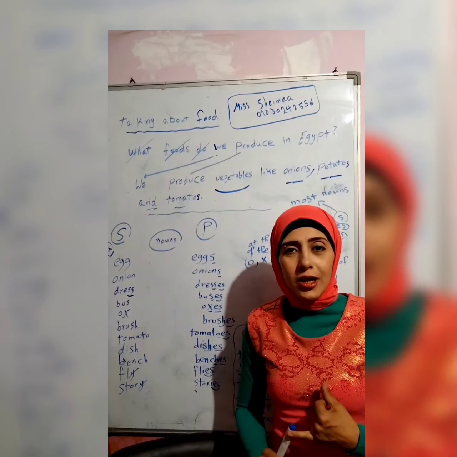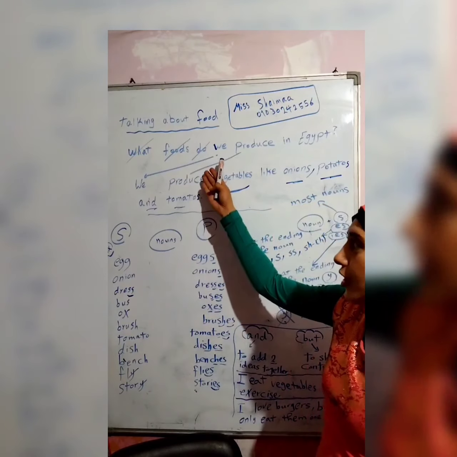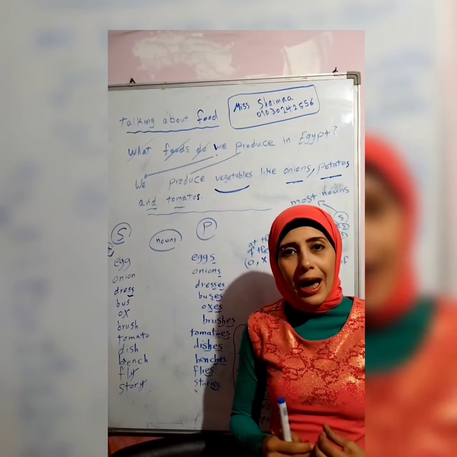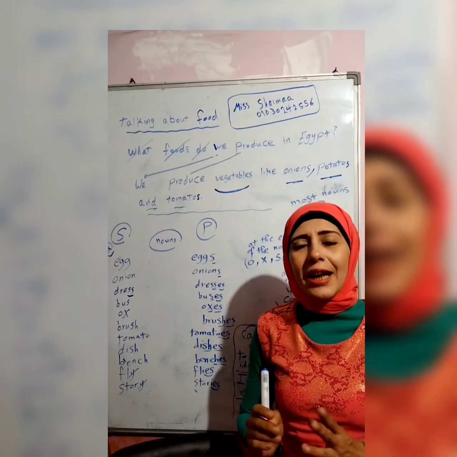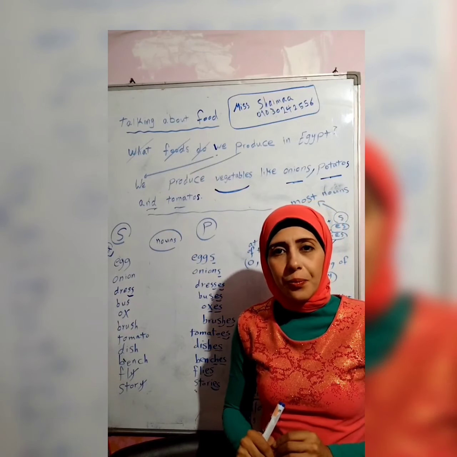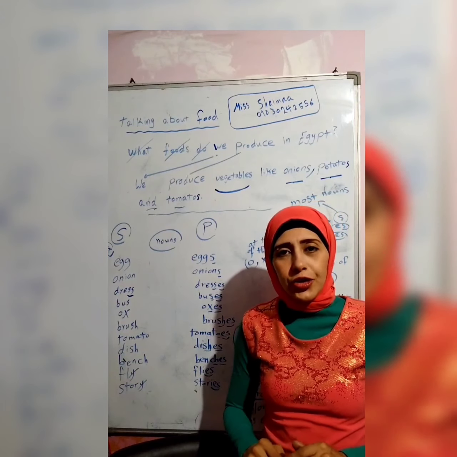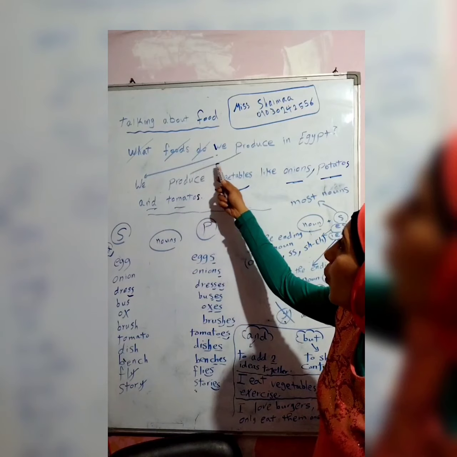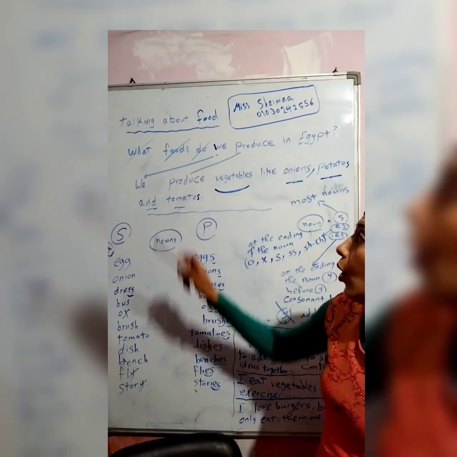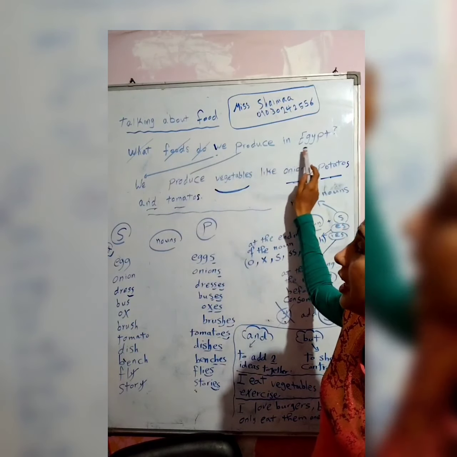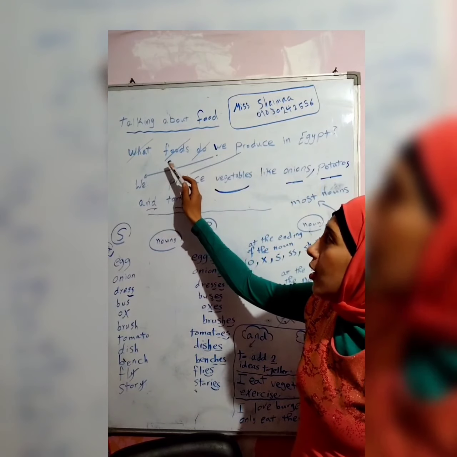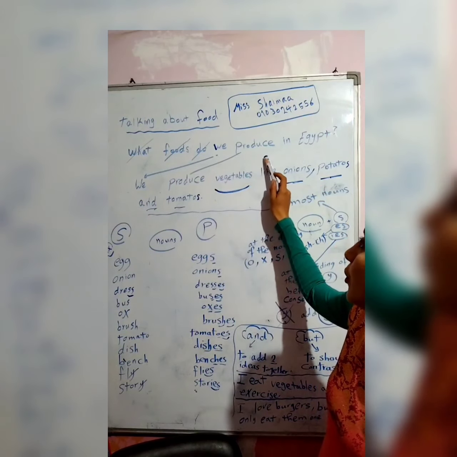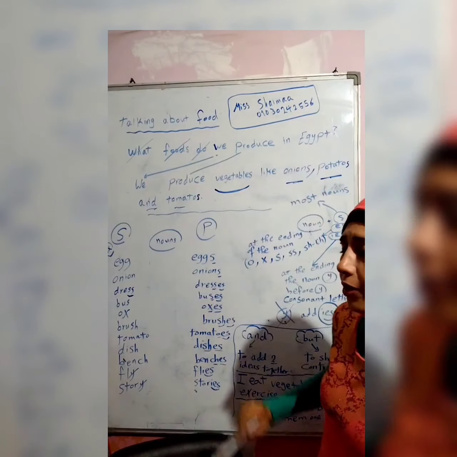The first one, this question, to talk about food. We can use this question to talk about food: What foods do we produce in Egypt?